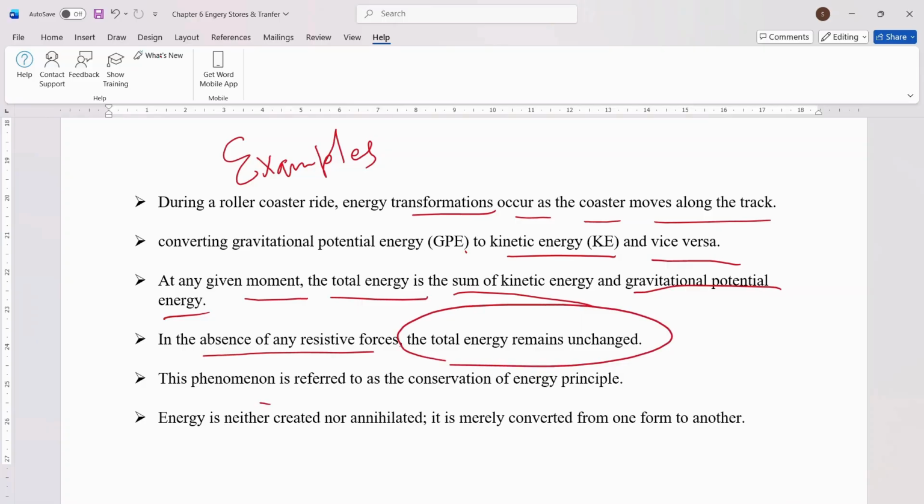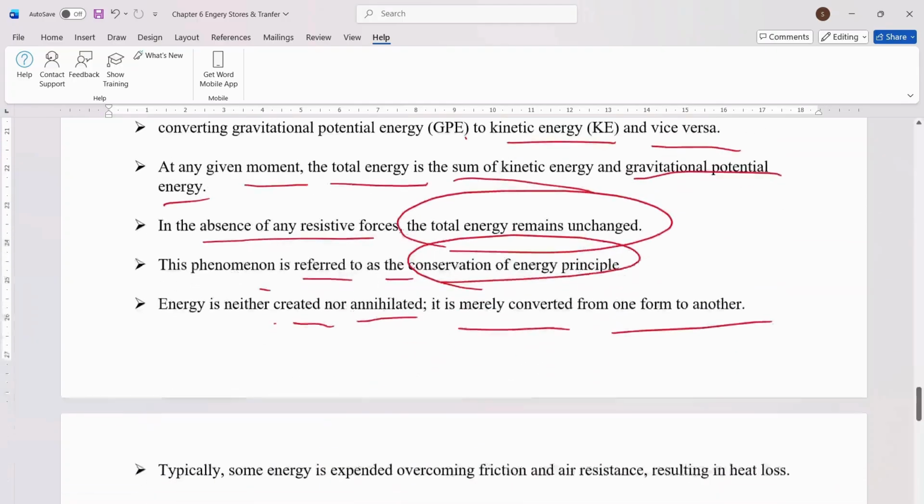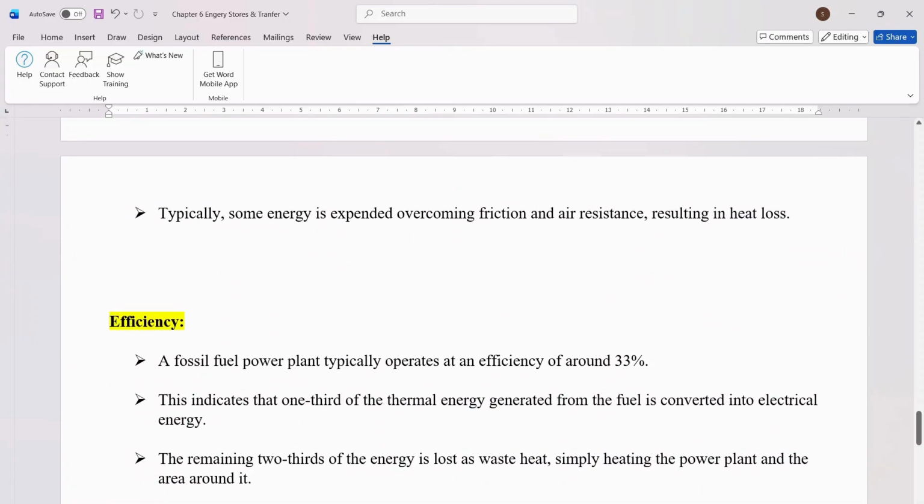The phenomenon is referred to as the conservation of energy principle. Energy is neither created nor destroyed, it is merely converted from one form to another. Typically, some energy is expended overcoming friction and air resistance, and it results in heat loss as well.